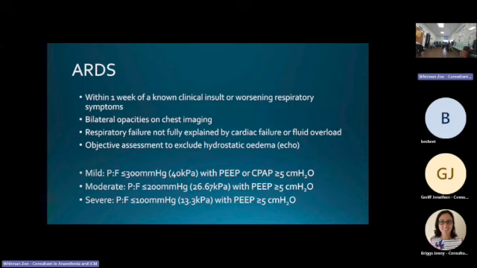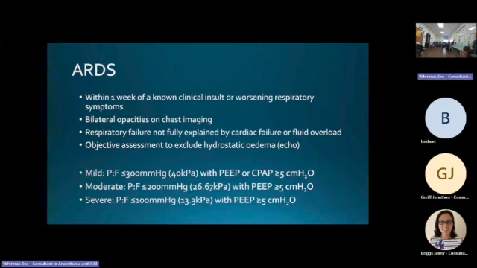So if their PO2 is 9 and they're on 60% oxygen, that would be 9 divided by 0.6. The definitions are done in millimeters of mercury, which is why you end up with numbers that you can't remember in kilopascals. But that's roughly what they are.